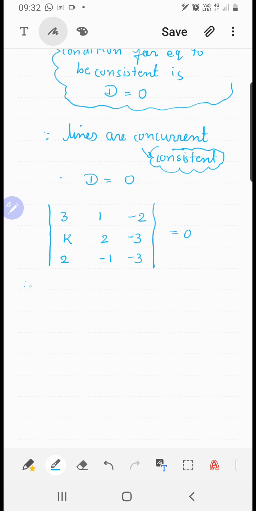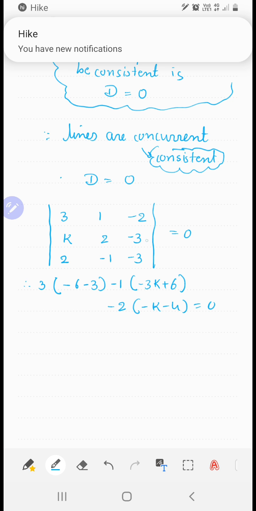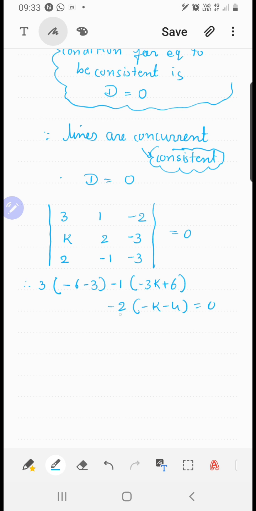Now let us solve the determinant. What I get is 3 bracket, 6 minus 3, minus 1 bracket, minus 3k plus 6, minus 2 bracket, minus k minus 4, equal to 0. Now let us open the brackets.